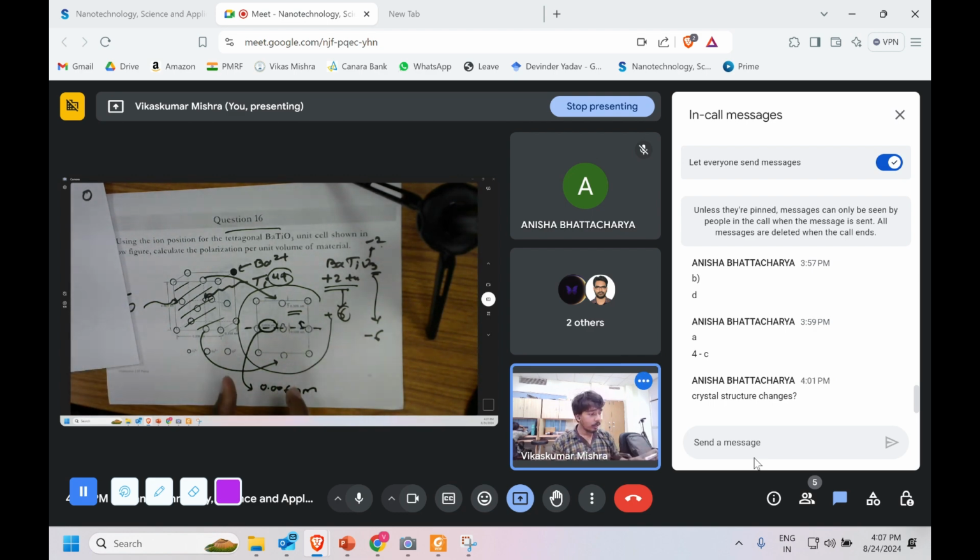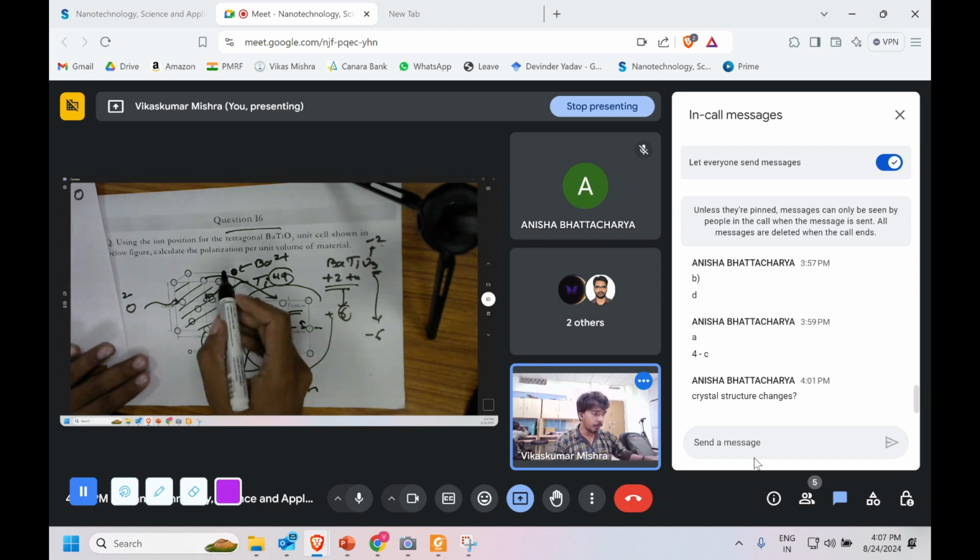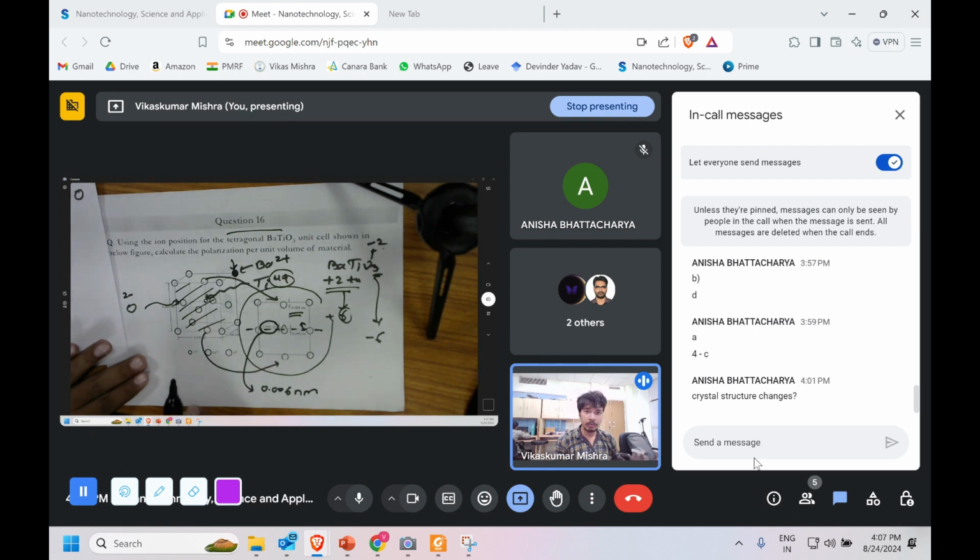Now how much of this titanium is contributing toward the unit cell? It is contributing entirely, by the factor of 1. Ba is contributing by the factor of 1 by 8, right? Each of the oxygen is contributing by the factor of 1 by 2.